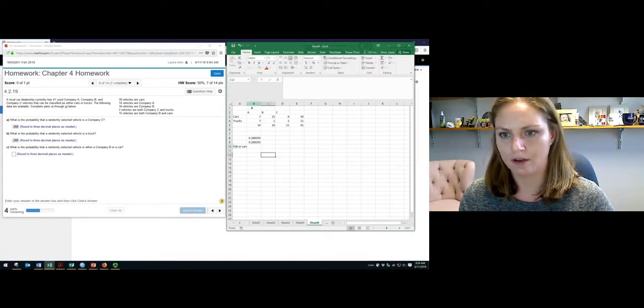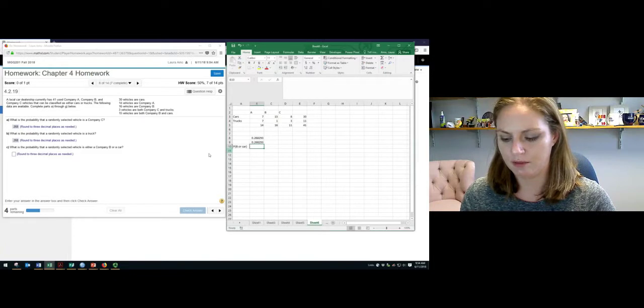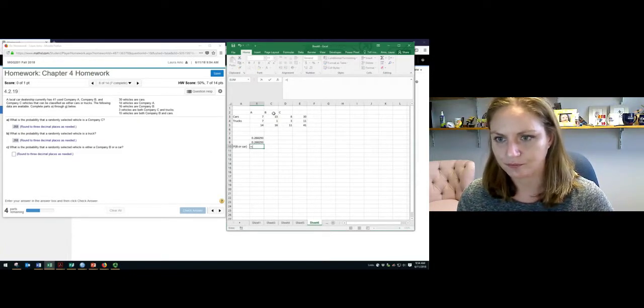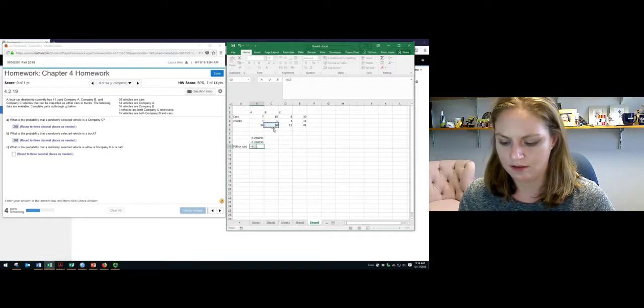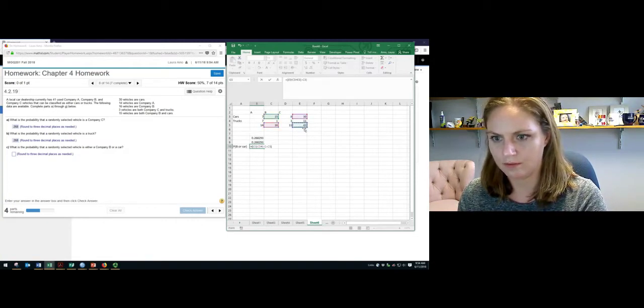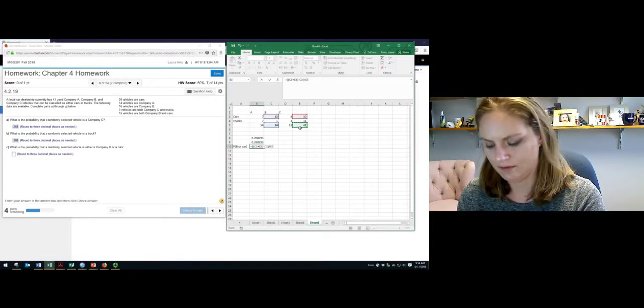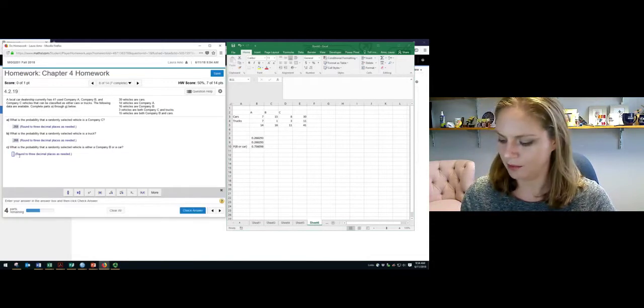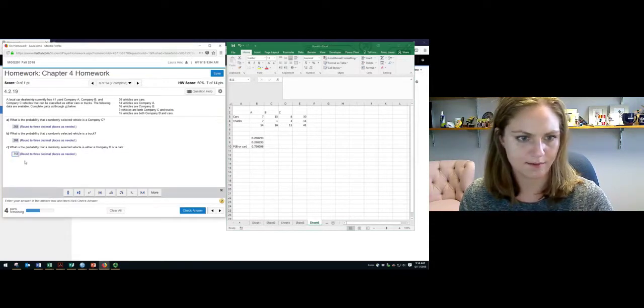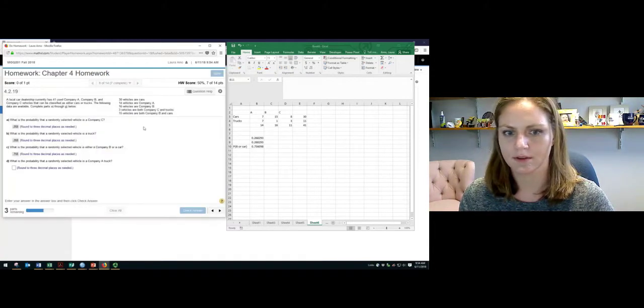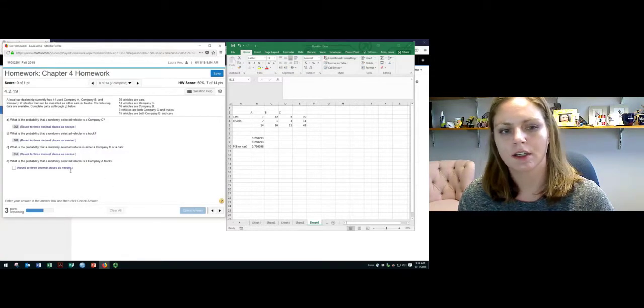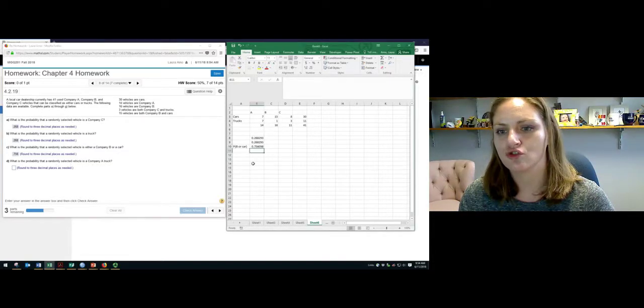So we're going to have some overlap here in the ones that are cars and from company B. So we're going to sum up all of the B's and all of the cars and subtract out this and divide this entire thing by the total. Okay. 0.756. 3 decimal places.